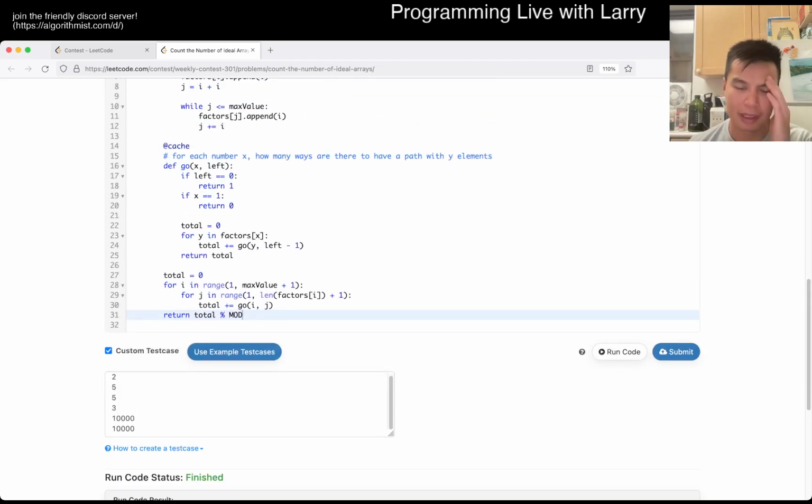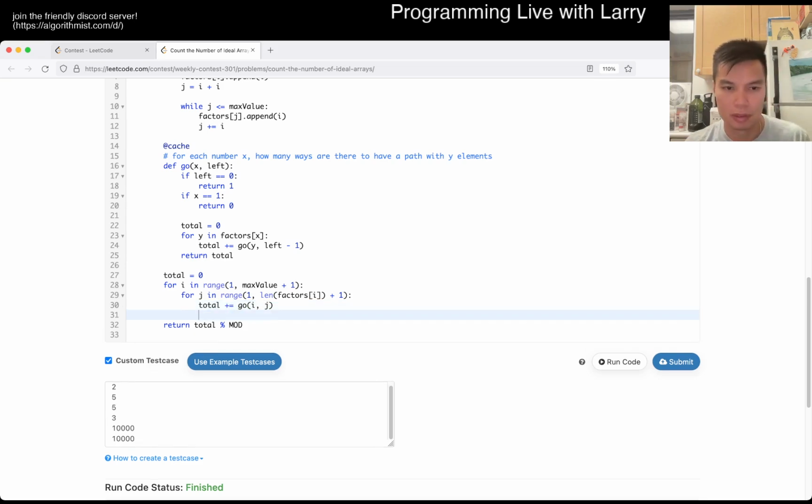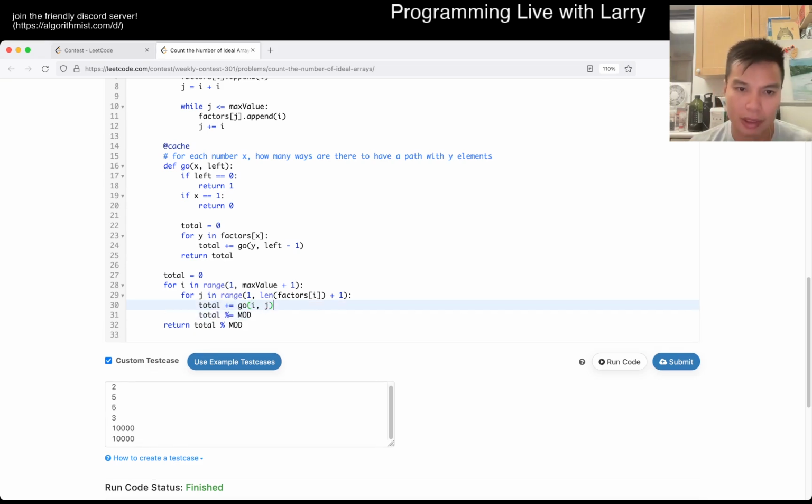Okay, so that means that now there's this amount, and then it's this amount times basically choose of this, I plus 1 bars, and then j maybe something like this.